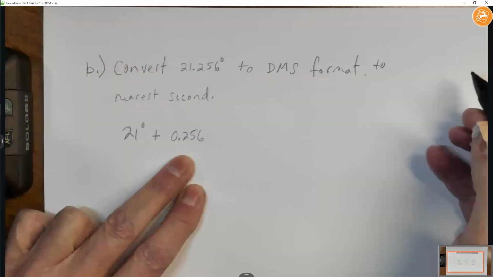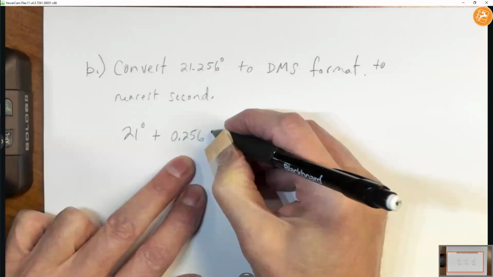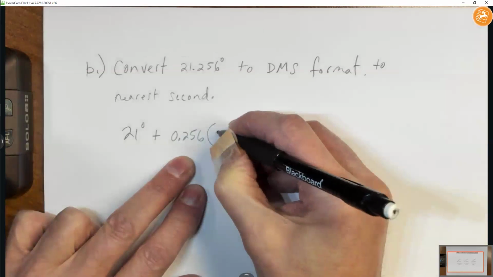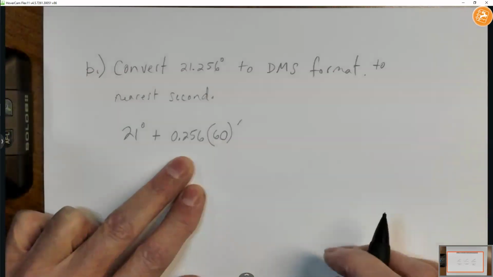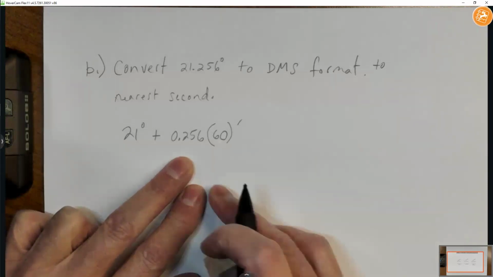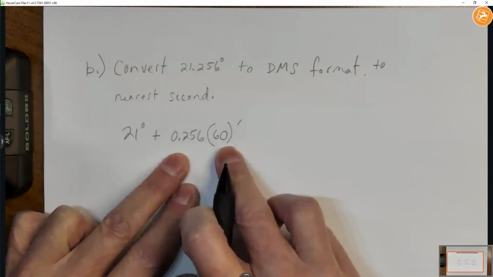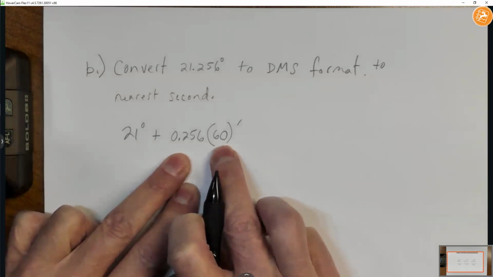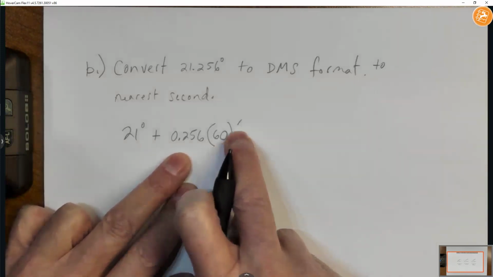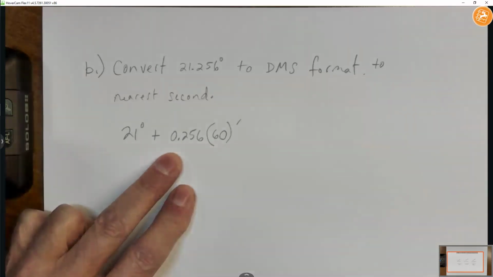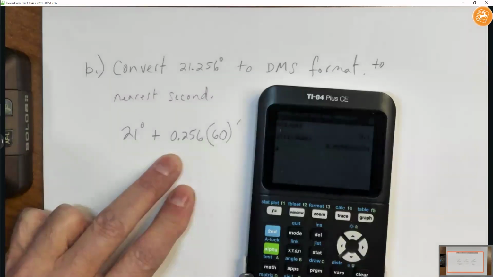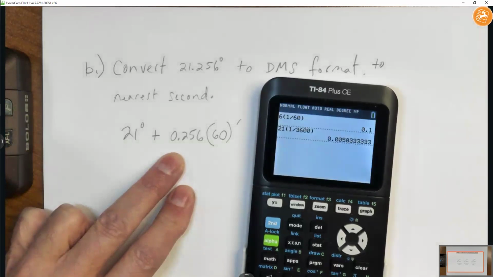Now remember that 1 degree is worth 60 minutes. So to get the minutes, we're going to multiply that by 60. We don't have a full degree, but we've got a portion of a degree, so we're going to chop into a full degree of 60 minutes by this. So I'm just going to take 0.256 times 60.